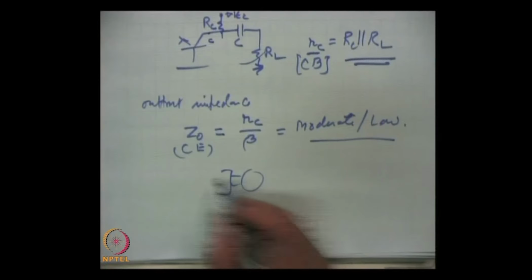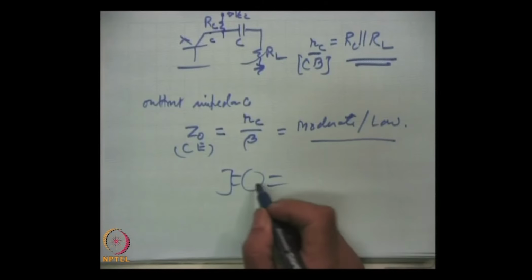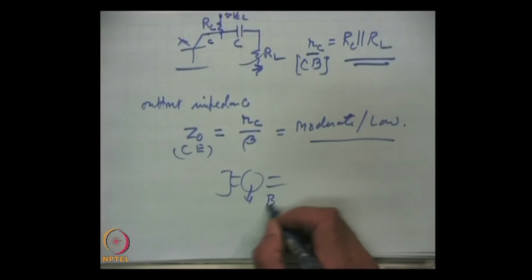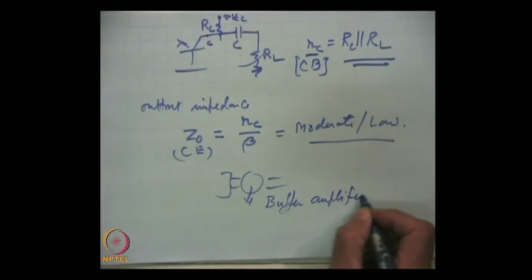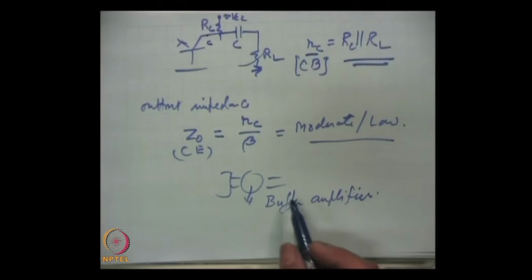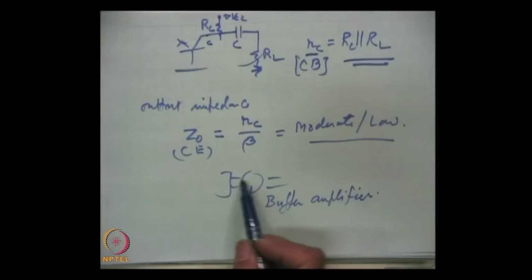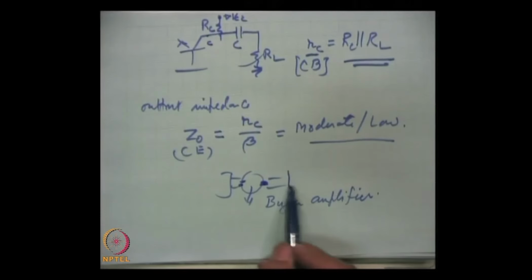Now, unless the impedances are not exactly identical, but of the same order of magnitude, we will require a third intermediate stage between the previous one and the next one, and this is called a buffer amplifier, which will match the two impedances which are drastically different.